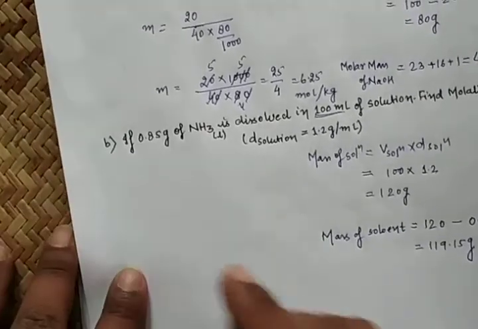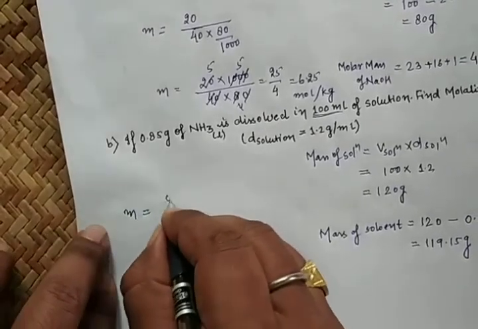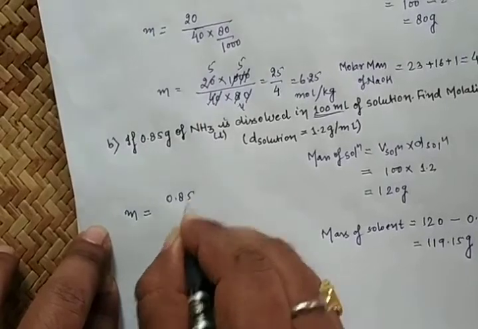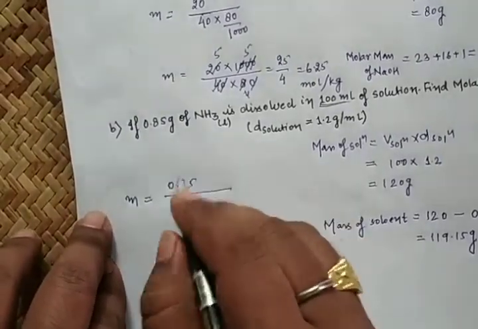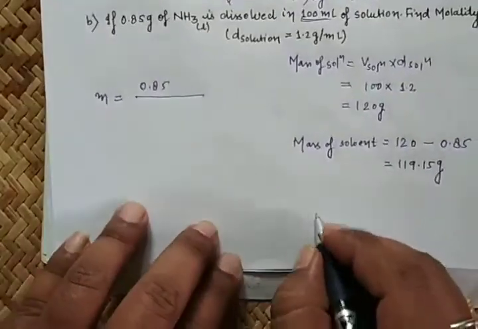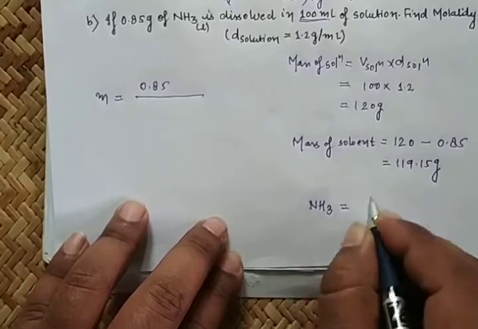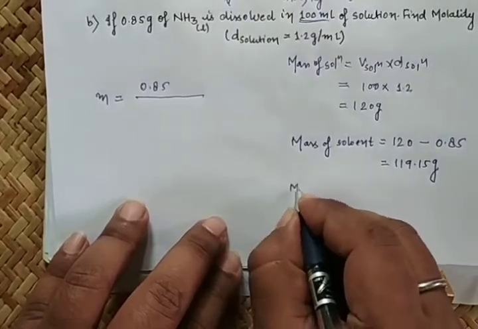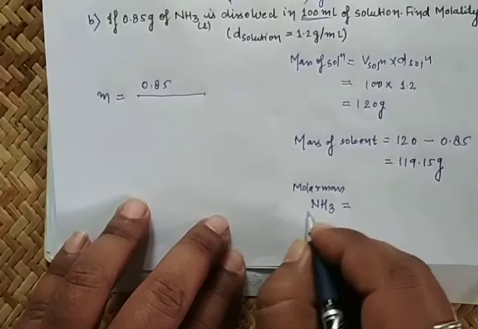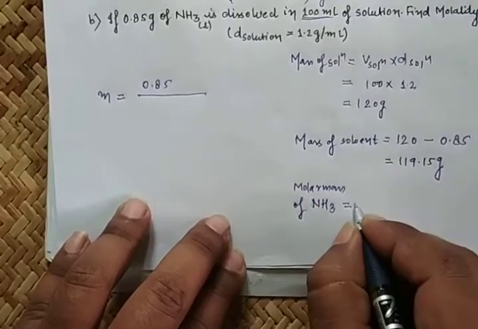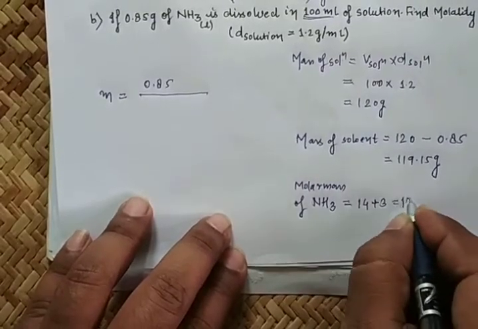Okay, now here is the molality formula again. Mass of solute is 0.85. You know the molar mass of NH3: N is 14 and there are 3 hydrogens, so 17.